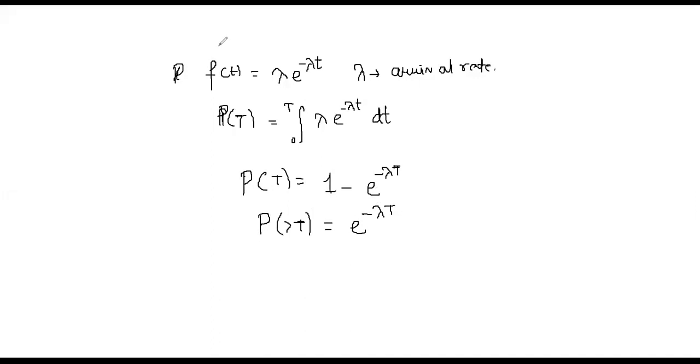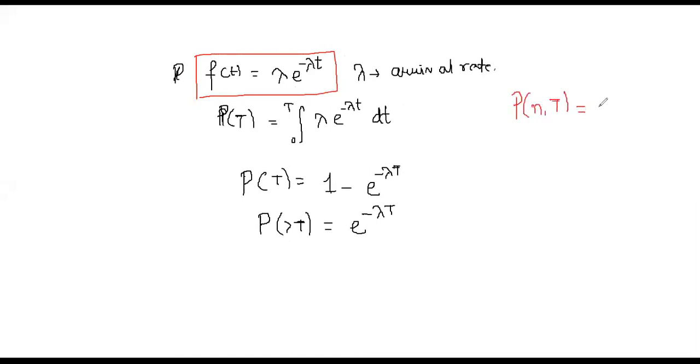So the theoretical discussion has just been completed for this unit. Everything that needed to be discussed has been discussed in this unit. Today I had just discussed this function. One thing was the probability that there will be n arrivals in time t.